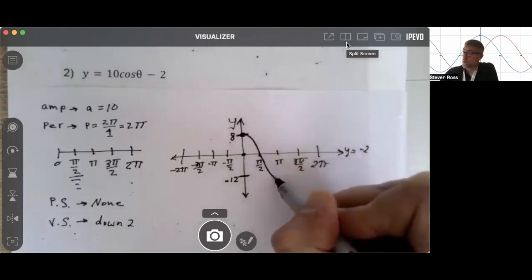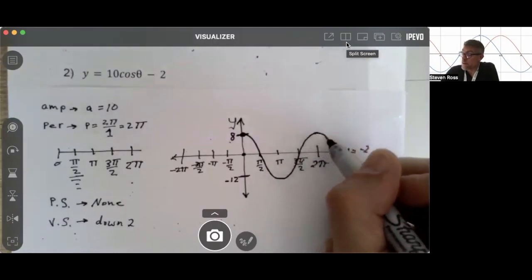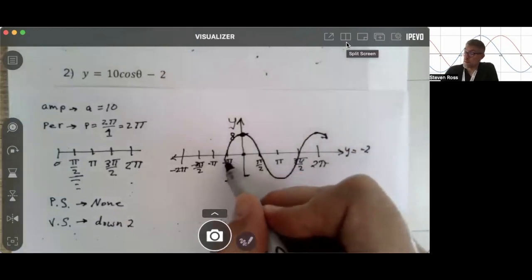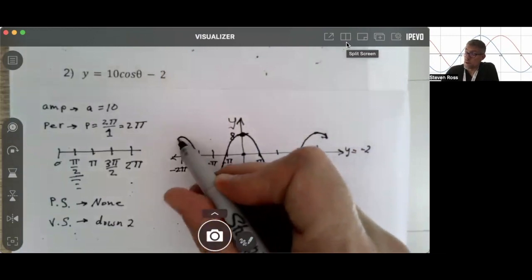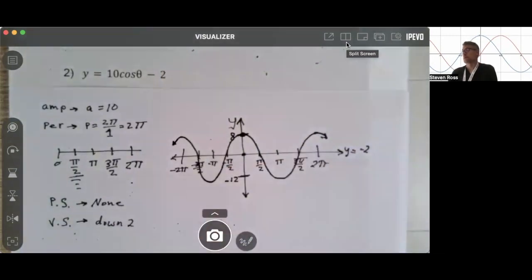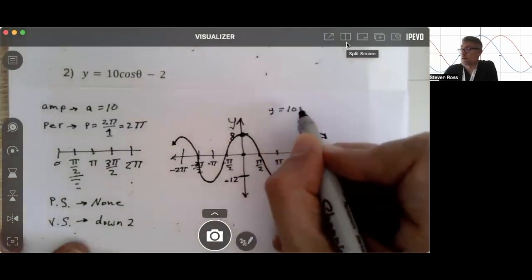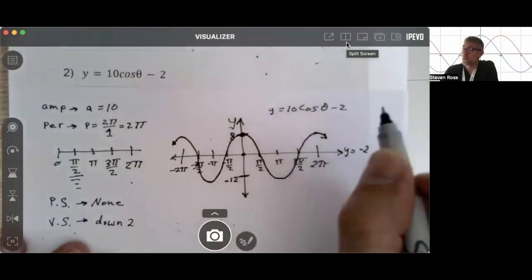And I'm going to just go back and forth. I know the pattern for cosine. And so on. There it is. Okay, so the cosine. So y equals 10 cosine of theta minus 2.